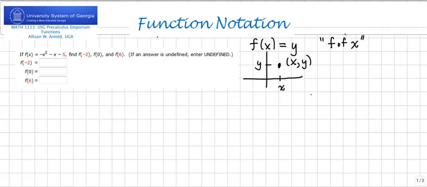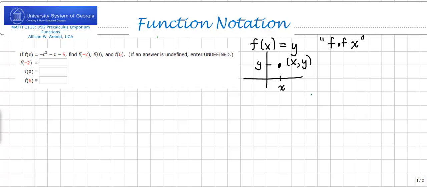In the example I have for you, f of x is negative x squared minus x minus 5. And you're asked to find f of negative 2, f of 0, and f of 6. And the WebAssign disclaimer is, if an answer is undefined, you type in undefined in all caps.